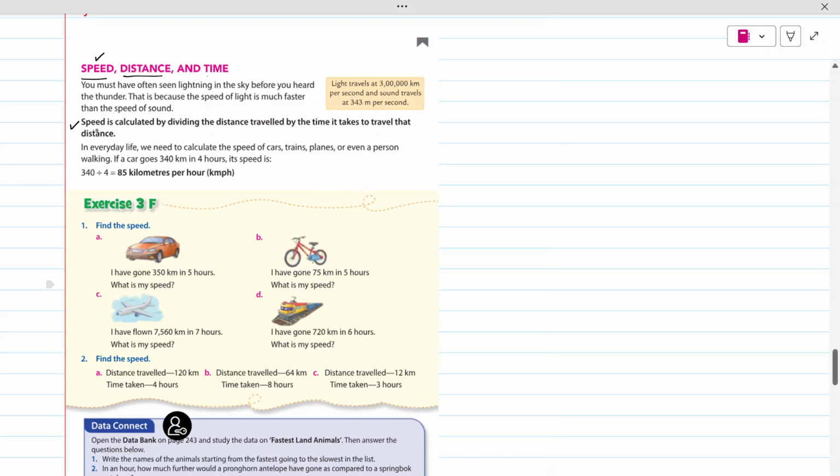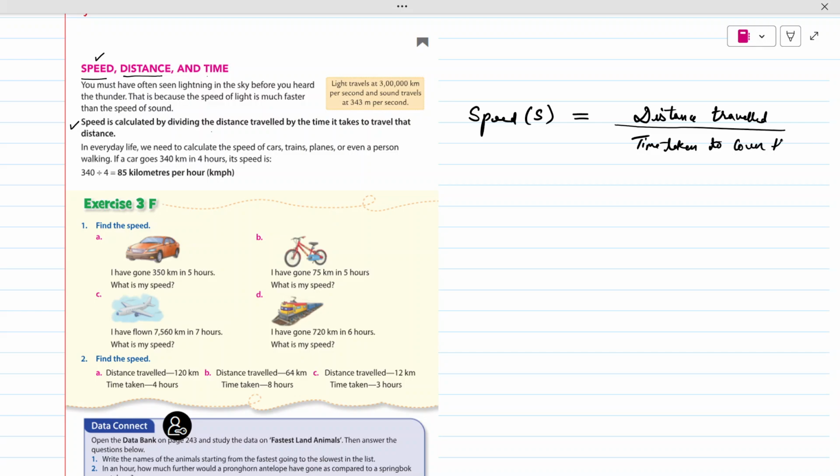Speed is always calculated by dividing the distance traveled by the time taken to travel that distance. We denote speed with S. Speed is equal to distance traveled divided by time taken to cover the distance.